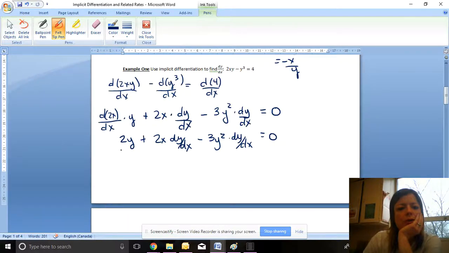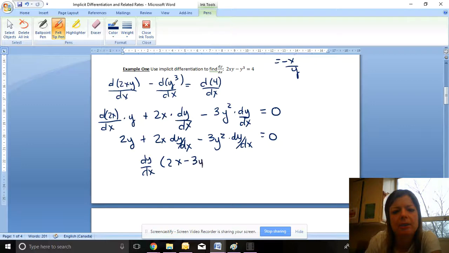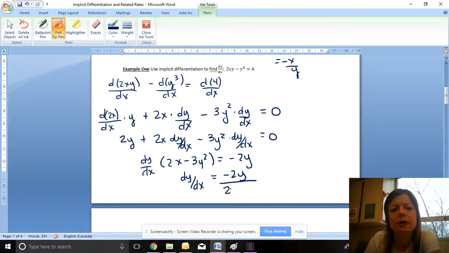Okay, so from here I should say it's all just algebraic work. So I'm going to move this 2y over to the other side, and then I'm going to common factor out a dy dx. So dy dx bracket 2x minus 3y squared equals negative 2y. So I just move the 2y over, common factored out dy dx, and now I can isolate dy dx equals negative 2y over 2x minus 3y squared.